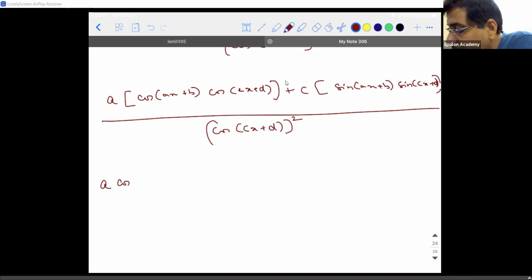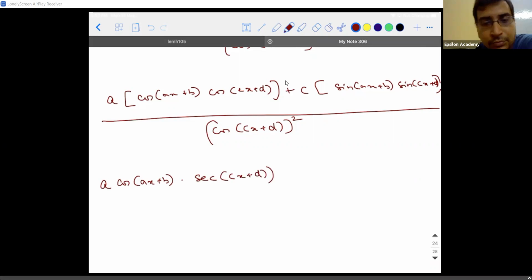A into cos of ax plus b into, what can I write? Cos of cx plus d by cos of cx plus d the whole square is nothing but secant of cx plus d. You guys think about it. Plus c into sin of ax plus b into sin of cx plus d by cos of cx plus d.